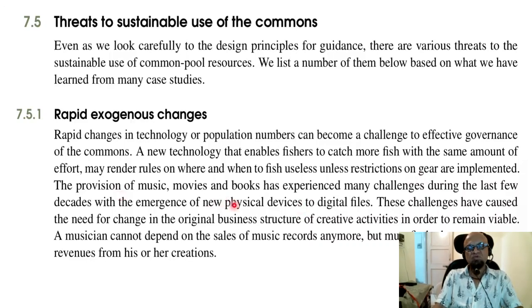The provision of music, movies, and books has experienced many challenges during the last few decades with the emergence of new physical devices to digital files, like we had iPod, yeah, MP3, and we have now tablets, Kindles, all kinds of reading devices, and streaming of movies, and you can easily steal the books, steal movies, share illegally, and so on and so forth. So these are exogenous changes that are just too rapid to keep up with the old rules.